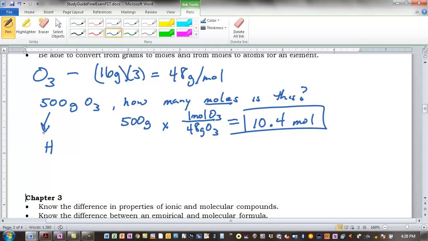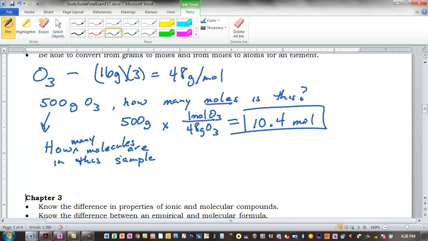So again, 500 grams of ozone. Let's do molecules first. We could go to atoms if we want. Sorry about that, it's a little bit messy.